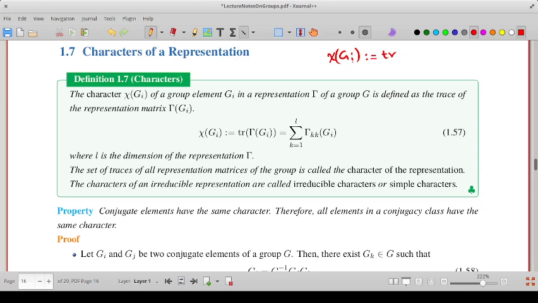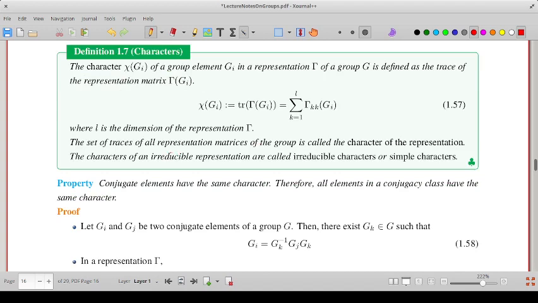So here, the representation matrix of Gi in the representation gamma is gamma Gi, and therefore its character in this representation is defined as the trace of that matrix. Now, the trace of a matrix is simply the sum of the diagonal elements of the matrix, and therefore this will be equal to the sum over k running from 1 to L, where L is the dimensionality of the representation, of gamma kk Gi, the diagonal elements of gamma Gi.